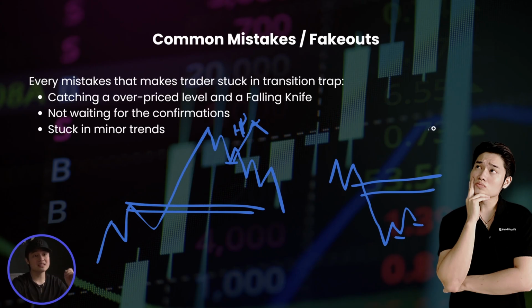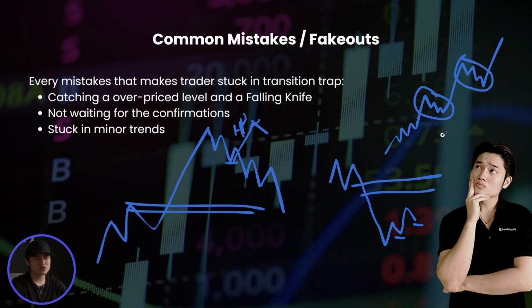If you see the price move like this, then the secondary move like this, and then the primary, and then the secondary move like this, you are often a swing trader. Why? Because you want to look for a bigger picture, and on the bigger picture, oftentimes the price makes a minor structure like this.